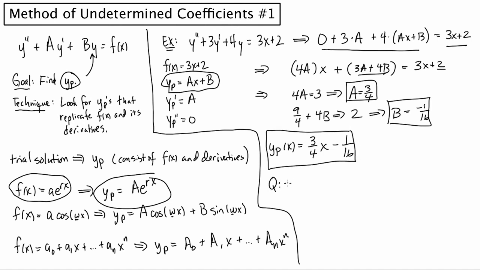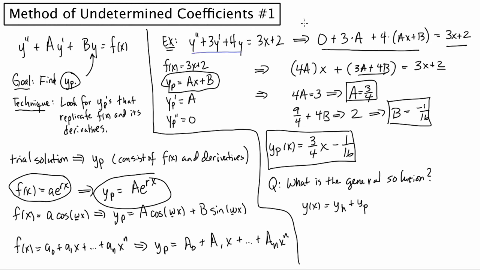So here's sort of a follow-up question to this. What is the general solution? Well, remember the general solution from the previous video is y sub h plus this solution I just found, y sub p. In order to find y sub h, I have to look at the characteristic equation, which I'll do in a different color here.